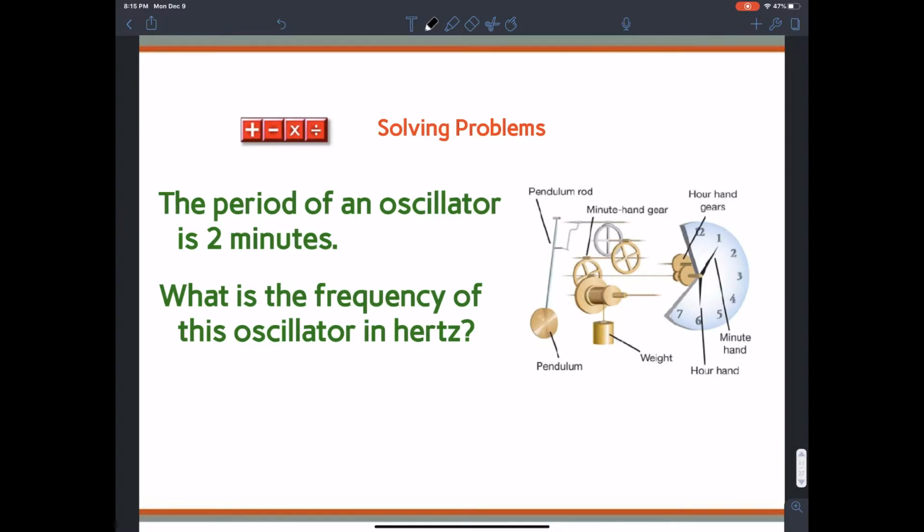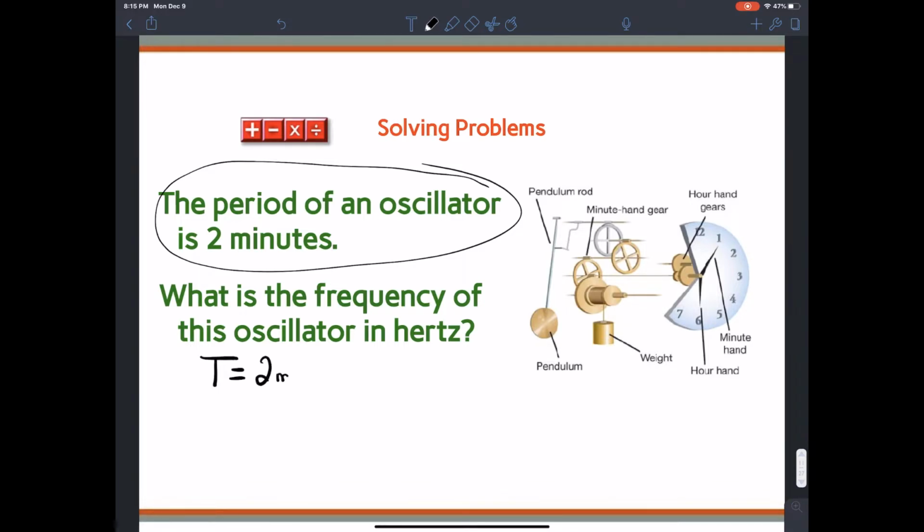It says the period of the oscillator is 2 minutes. So T equals 2 minutes, but we don't want it in minutes. We always want this time frame to be in seconds. So you're going to have 120 seconds right here.